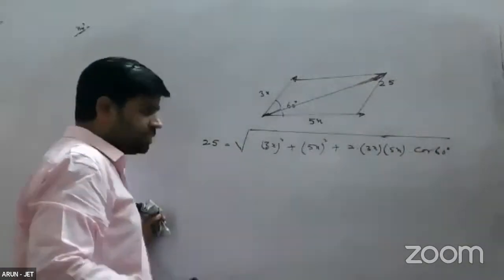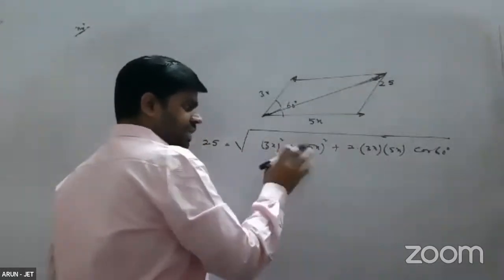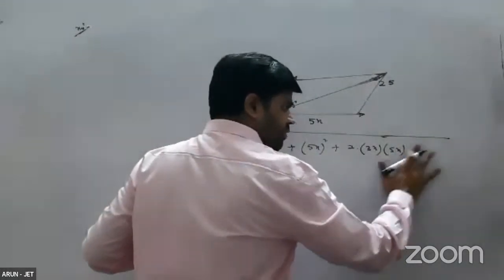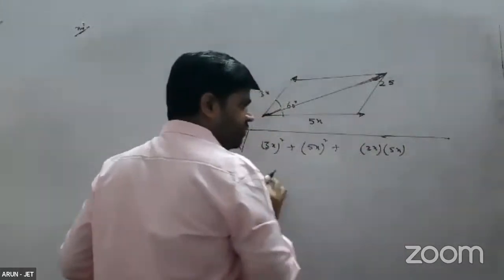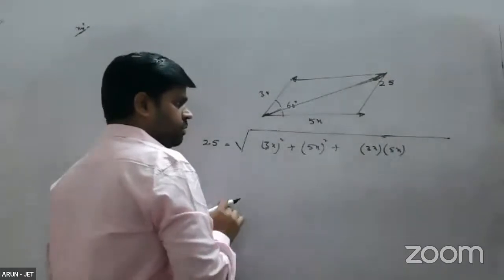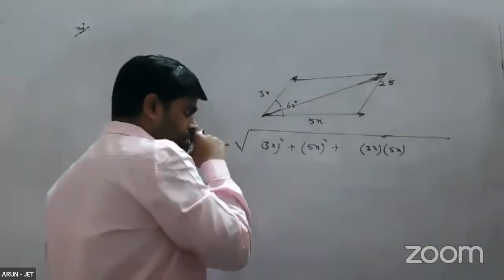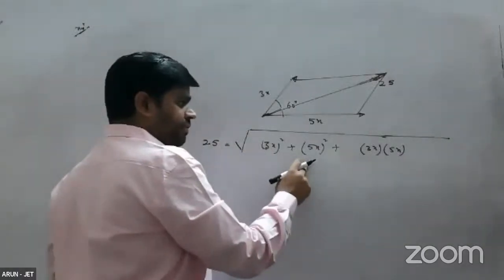Let's not square on both the sides because you've got x square throughout. I'll just get us an equation in x square here. Cos 60 is 1 by 2, so this 2 and this 2 get cancelled out. 9 plus 25 is how much? 34x square.